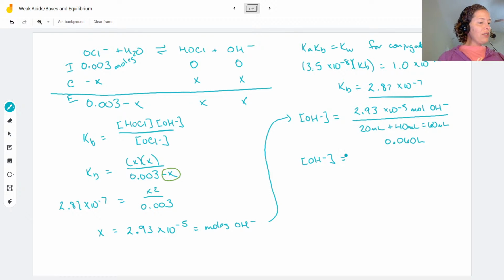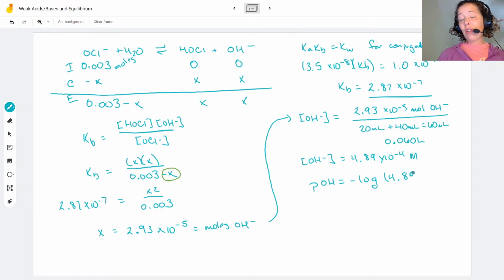My concentration of hydroxide is 4.89 times 10 to the negative 4th. That is molarity. So first I'm going to calculate my pOH. Now, of course, you don't have to calculate pOH and convert that into pH.